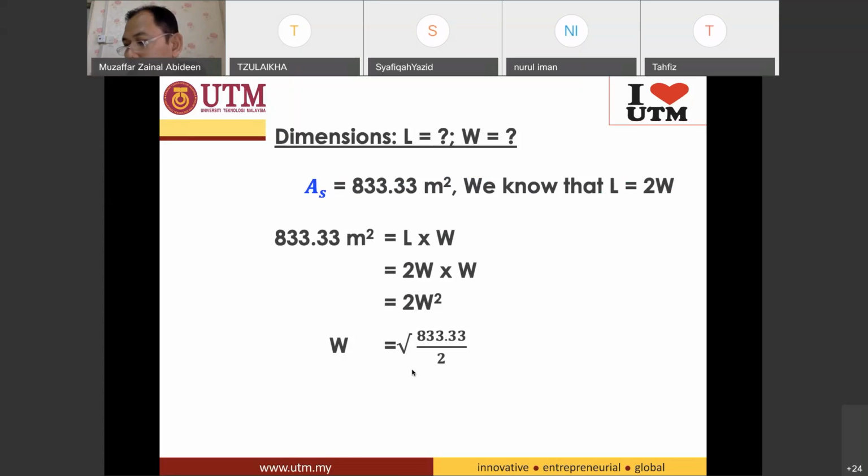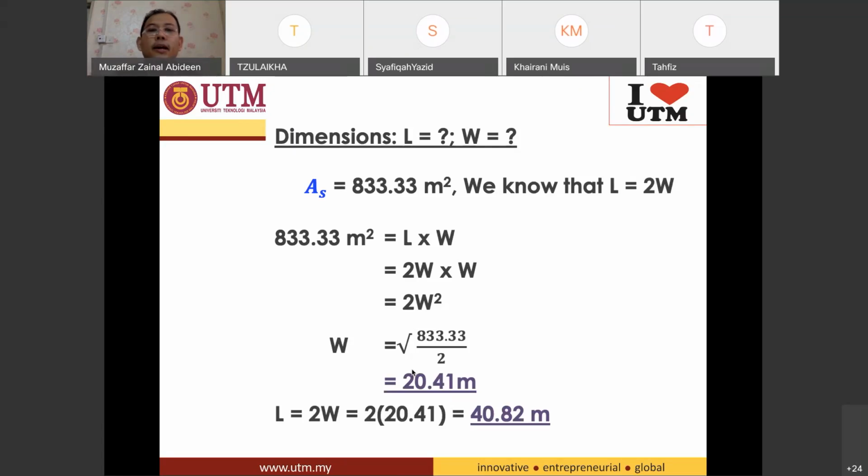W and L. W is 20.4 and L is 40.8. W is 20.41 if I'm not mistaken, and L is 40.8. Right.